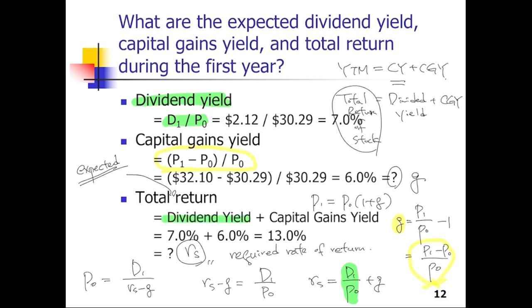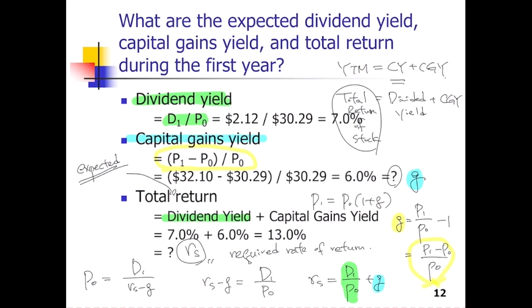And G, where is G? Here. Capital gain yield is the same as the dividend growth rate. So the sum of these two, we get Rs. It is the same as total return. We will learn more detail in the market equilibrium part.